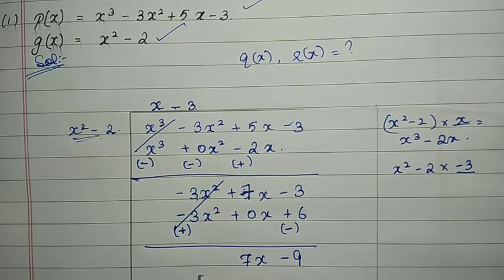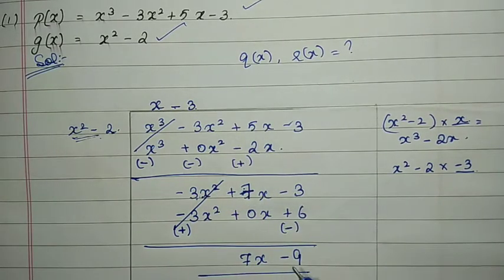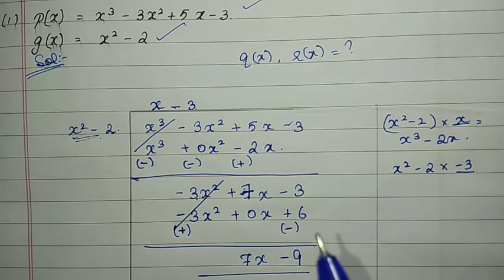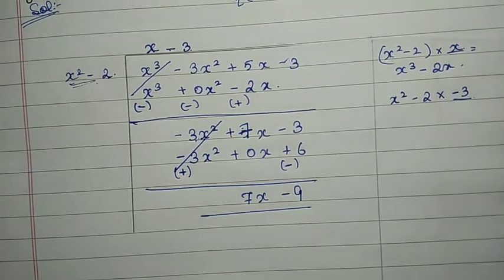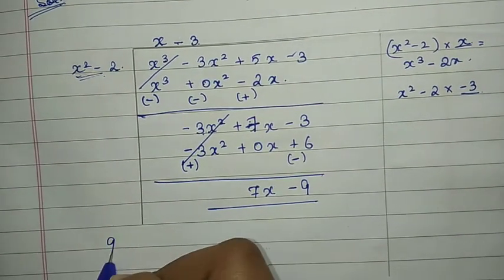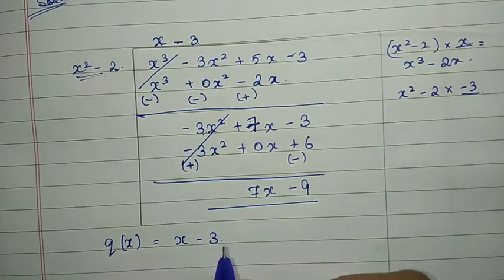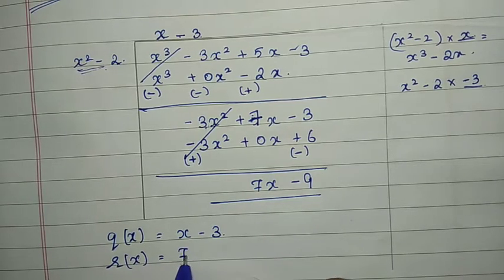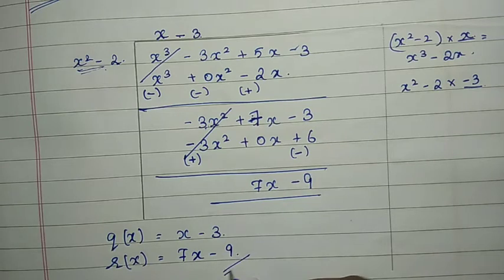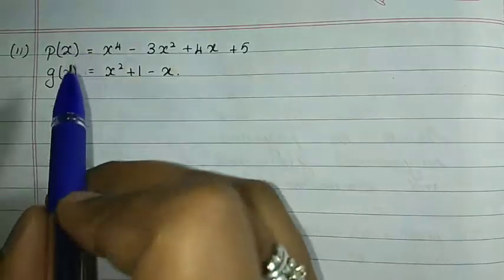This is my answer, this is the remainder. After this I can't multiply, isn't it? So I will just leave it like that. So my q of x is equal to x minus 3 and r of x is equal to 7x minus 9. This is the required answer for quotient and remainder.